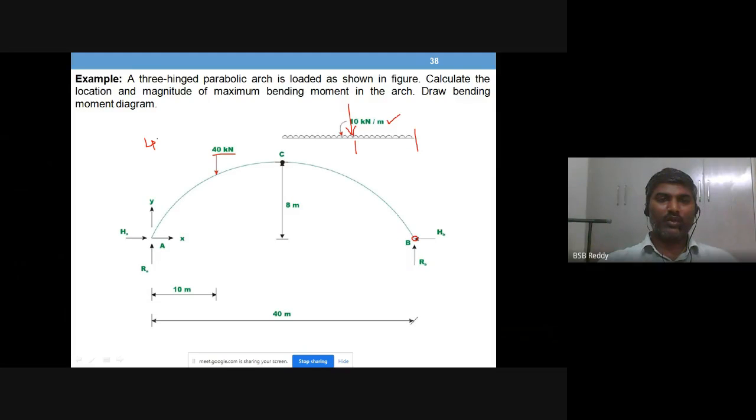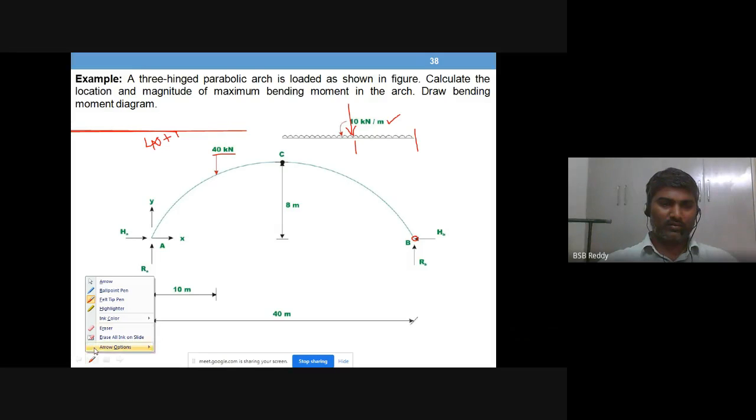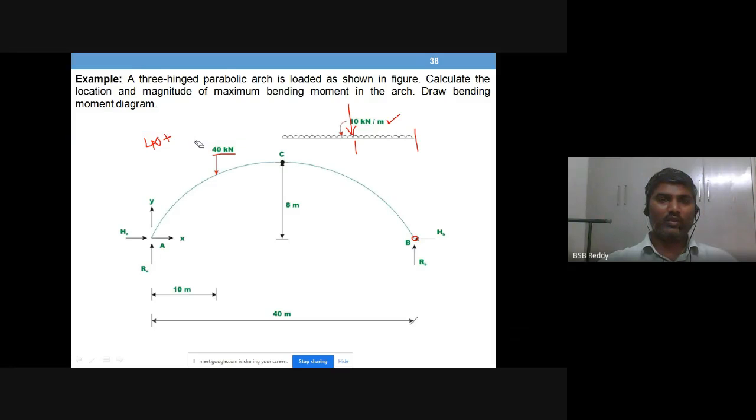It is the 40 point load plus the UDL, 10 into 20.